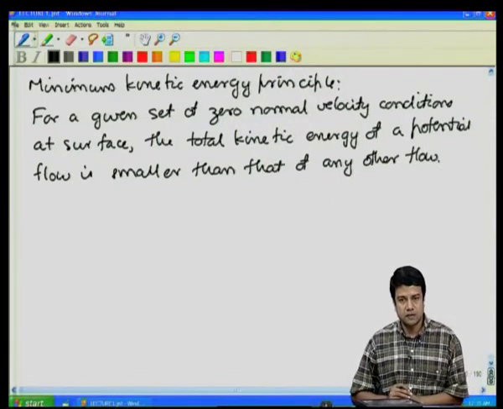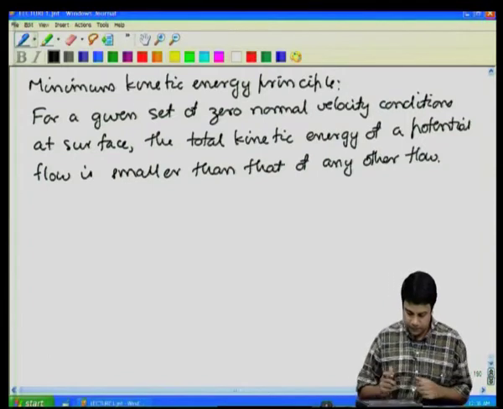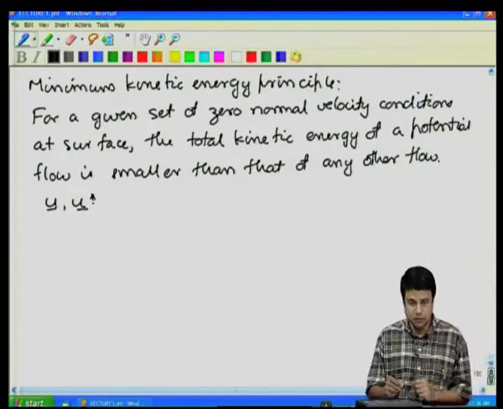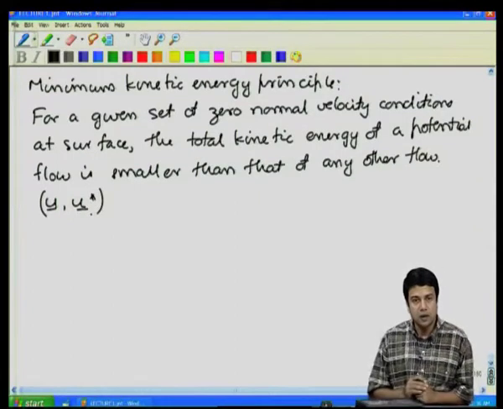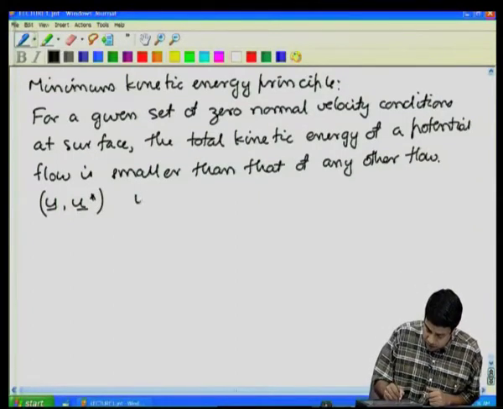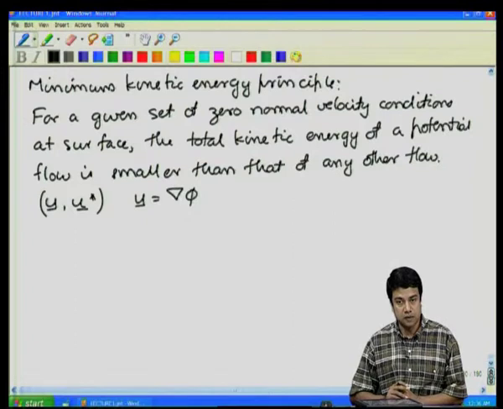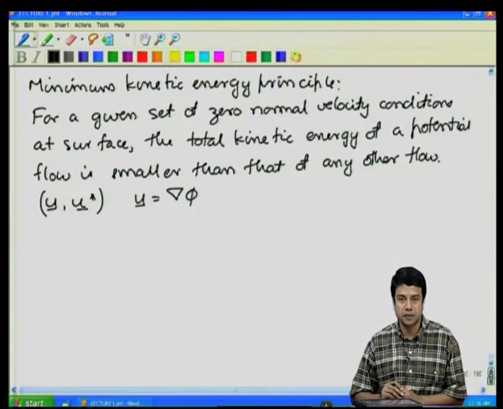So, let us say that we have two solutions for the velocity, u and u star. Okay. We have two solutions for the velocity, out of which the velocity u can be written as the gradient of a potential, u star not necessarily so. It could be any solution. It could be a solution which has some rotation in it, for example. Okay.